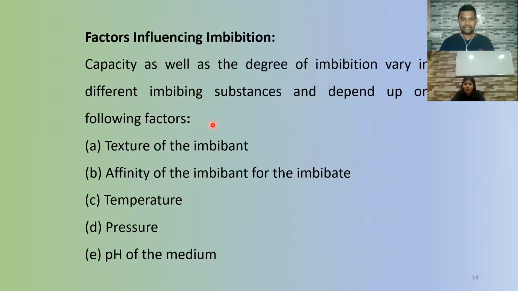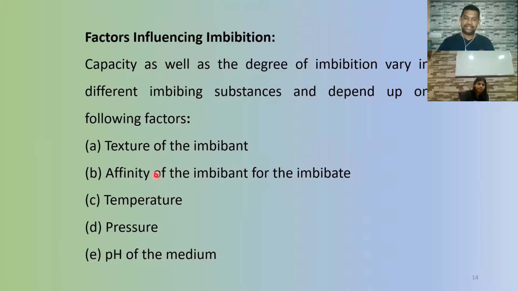There are lots of factors. The capacity or degree of imbibition will vary from one substance to another. There are factors like the texture of the imbibant: a rough surface or a smooth surface will make a difference, and the rough surface will do more imbibition.